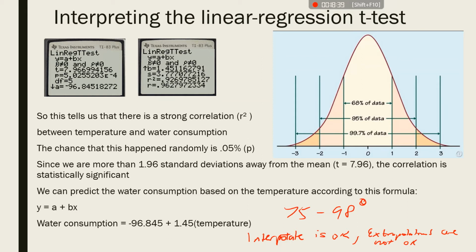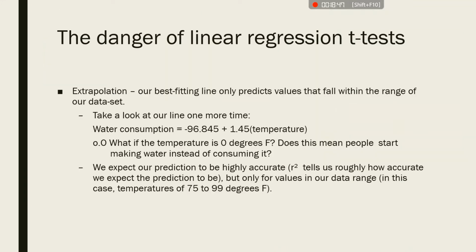I don't know if this relationship between temperature and water consumption will hold true if I get down to 60 degrees Fahrenheit. Okay, so dangers, extrapolation, we only predict values within the range of our data set.